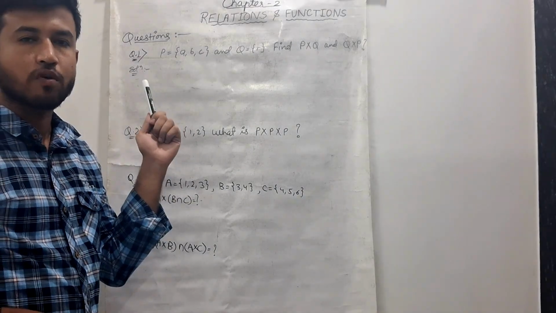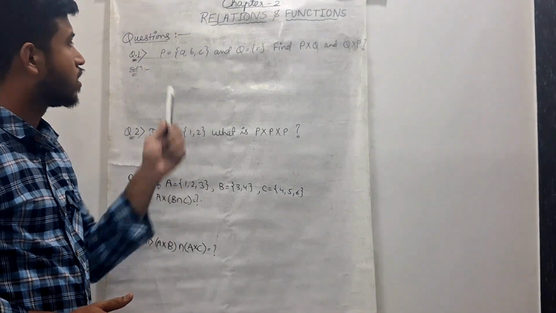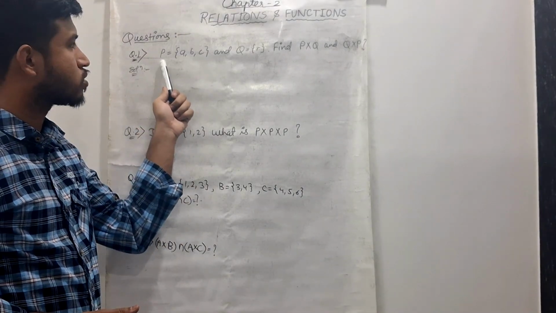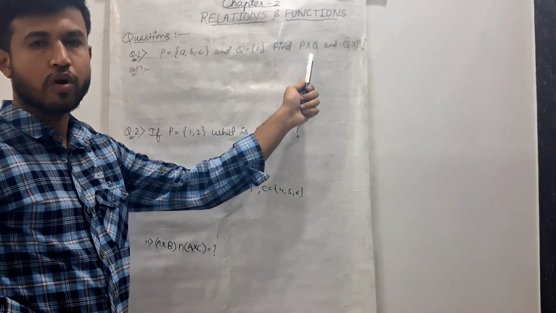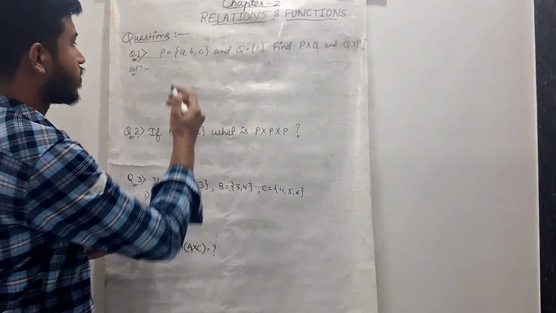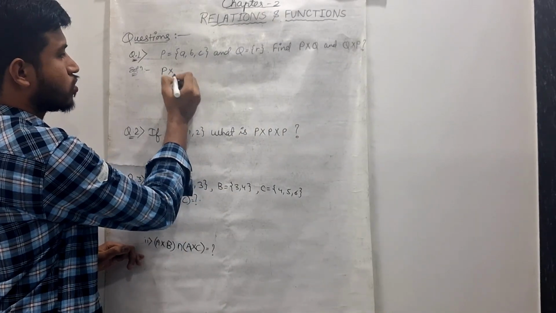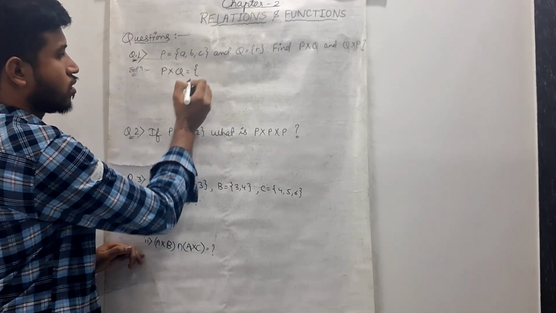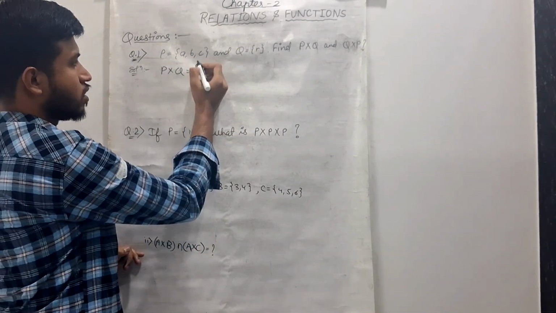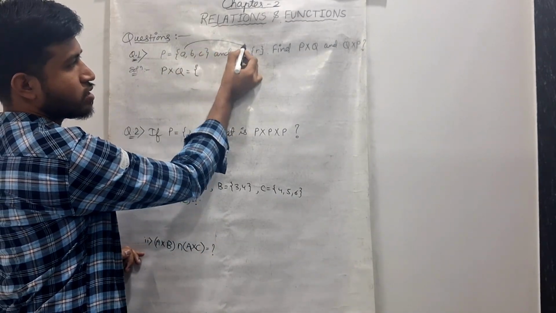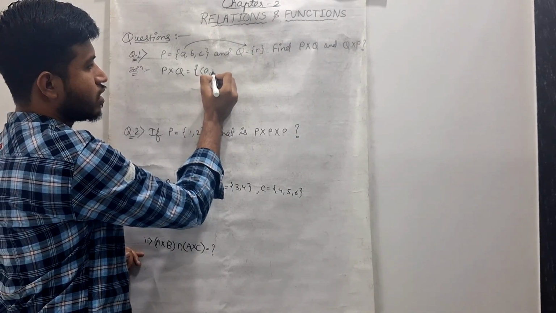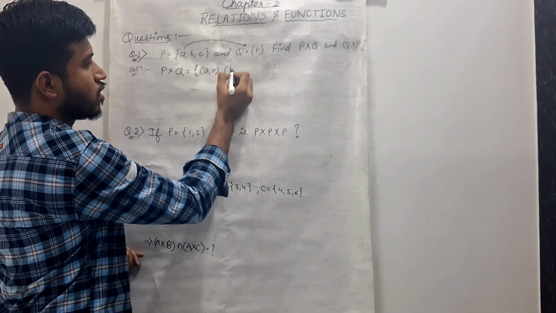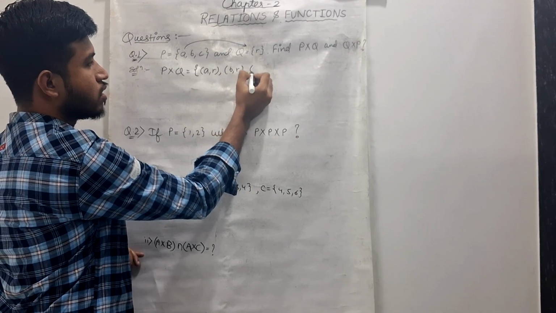So we have a question from the Cartesian product. First question: suppose two sets are given and we have to find the Cartesian product between them. P cross Q means all possible relations, the relation from set P to set Q. We can write it as (A, R), (A, B), (A, C), and so on.